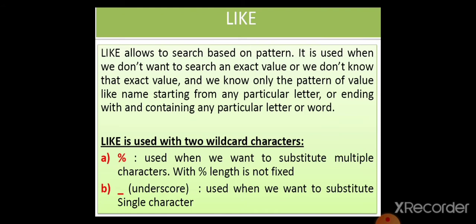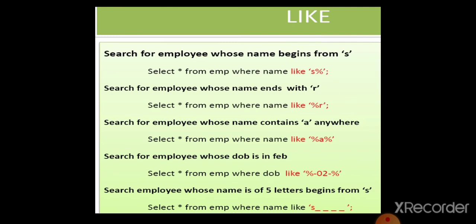The percentage is used when we want to substitute multiple characters; with the percentage, the length is not fixed. Whereas underscore is used when we want to substitute a single character. It can be used for any number of characters also.